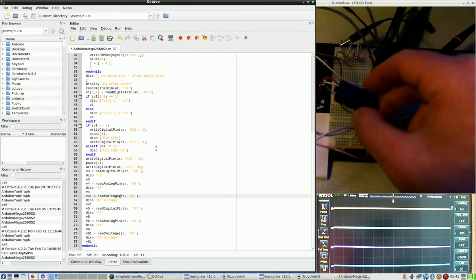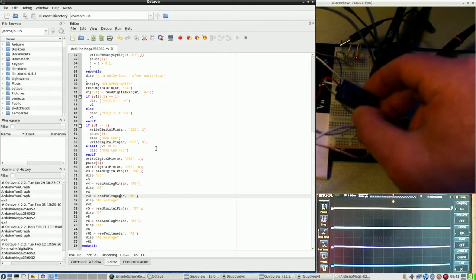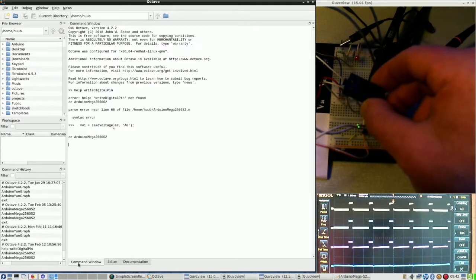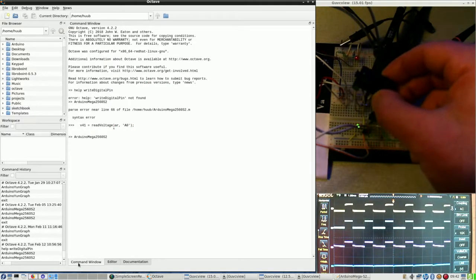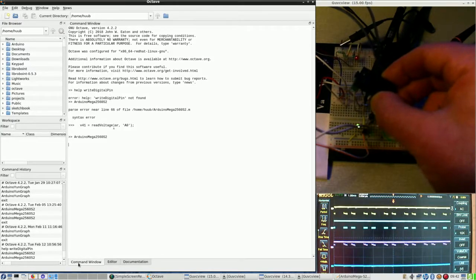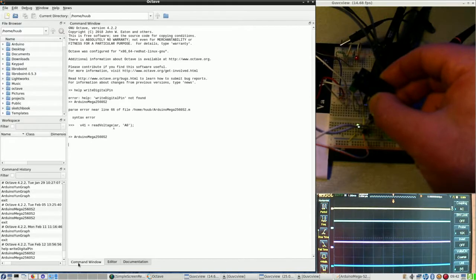Then hold it and go. Of course, I will see nothing at first. And on the oscilloscope you can see whatever is happening.